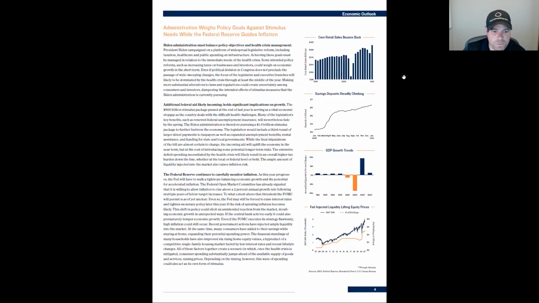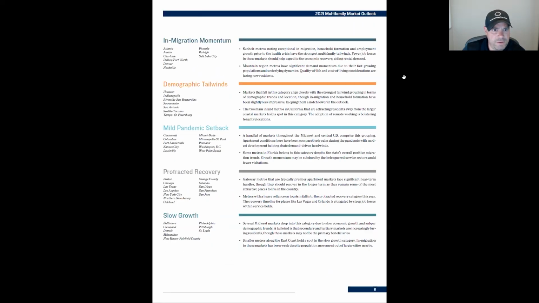The one page that I wanted to point out is this one. It's very, very important. All right, in-migration momentum. These are Sunbelt metros noting exceptional in-migration, household formation, and employment growth prior to the health crisis. They have the strongest multifamily tailwinds. Fewer job losses in the market should help expedite the economic recovery, and I am reading this, aiding rental demand.